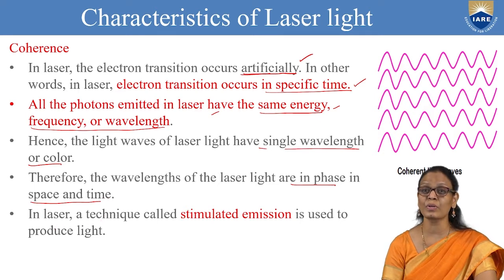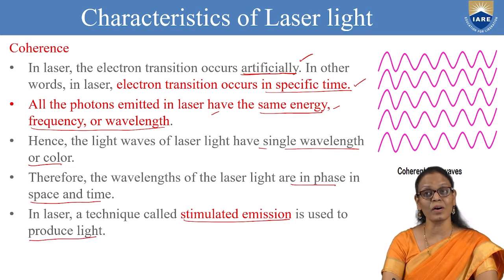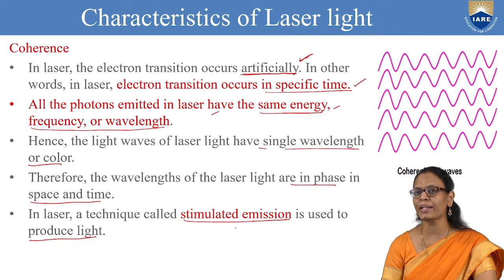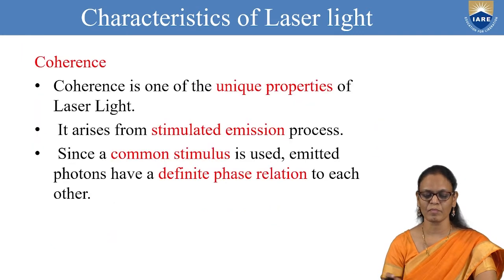In laser, we use a technique called stimulated emission to produce light. So we said it is not done naturally. If not naturally, how is it happening? It is happening artificially with the help of stimulated emission, the technique which produces laser light.